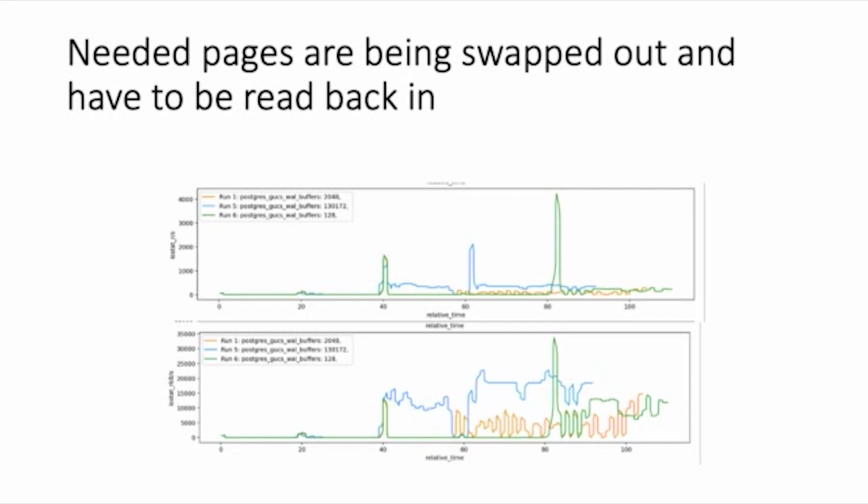That is my interpretation of this, because it seems like there are fewer reads in the cases where wal_buffers are smaller. So I assume that they're not required reads. So I thought this was kind of interesting. Something is having to be read back in, and there's more of that happening when wal_buffers is bigger.